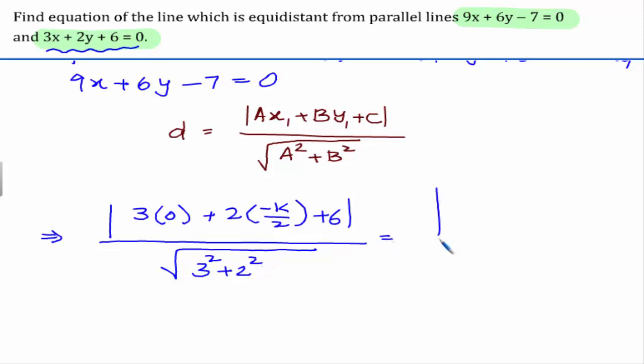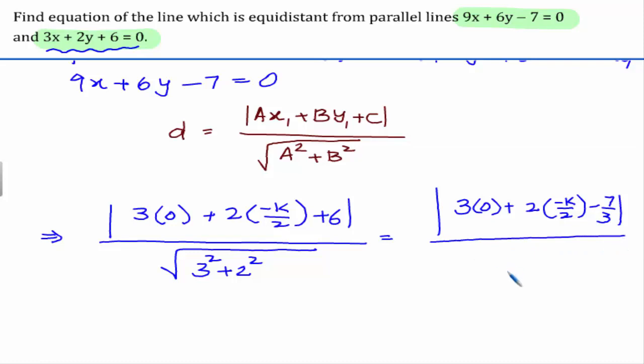This is equal to modulus 3 into 0 plus 2 into minus k by 2 minus 7 by 3. Here I am taking the equation which is in the simplified form, by square root of 3 square plus 2 square. Here both denominators get cancelled.